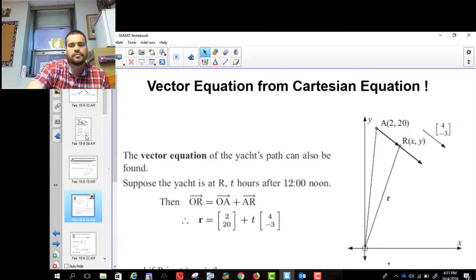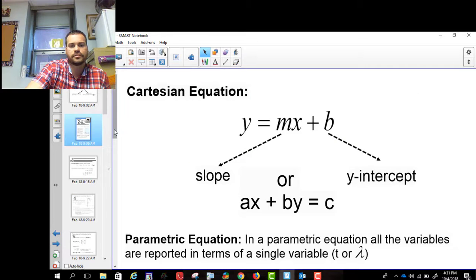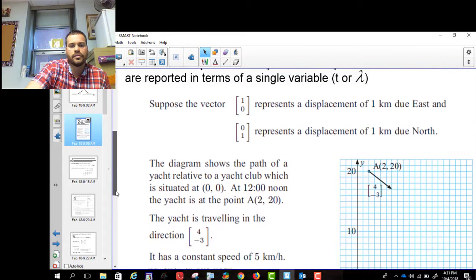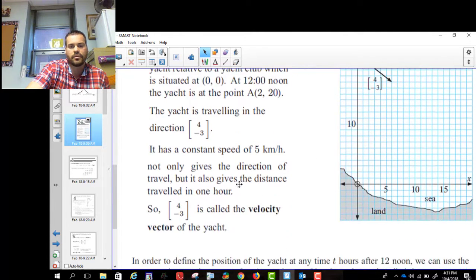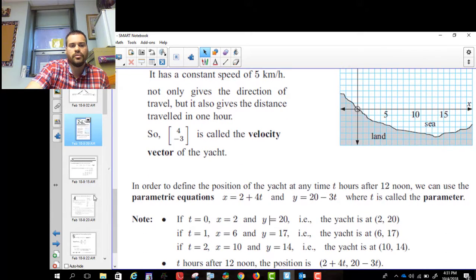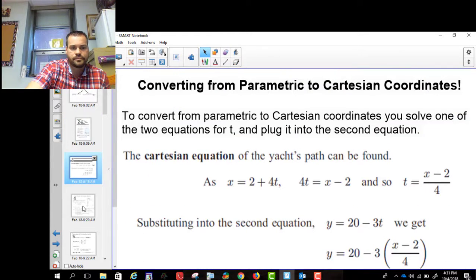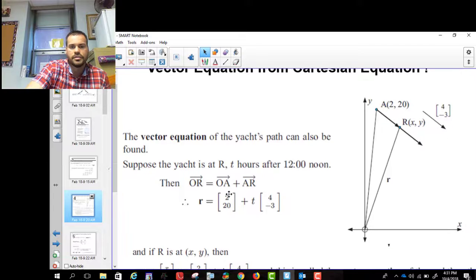Let me go back up here just for a second to look at this question. It gives you a point, it starts at (2, 20), this yacht does, and it's moving at (4, -3). So the way that you get the vector equation from that is your position is (2, 20), and your direction that you're moving is (4, -3). So that is your vector equation.